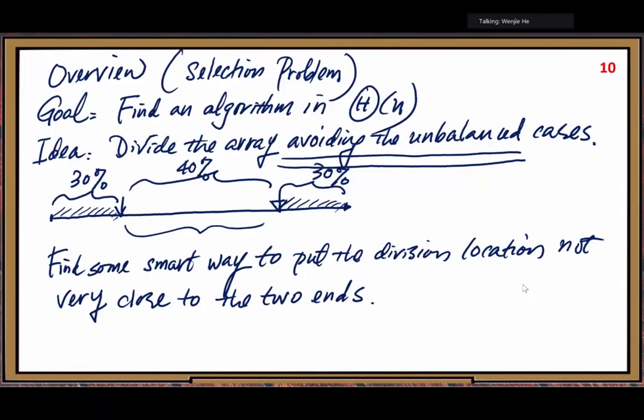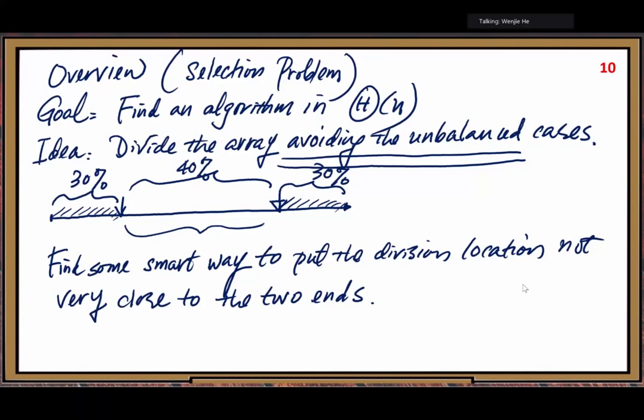In this way, you avoid the poor performance situation. But how to make it happen? The algorithm is very smart. It's relatively complicated, but it is quite smart.